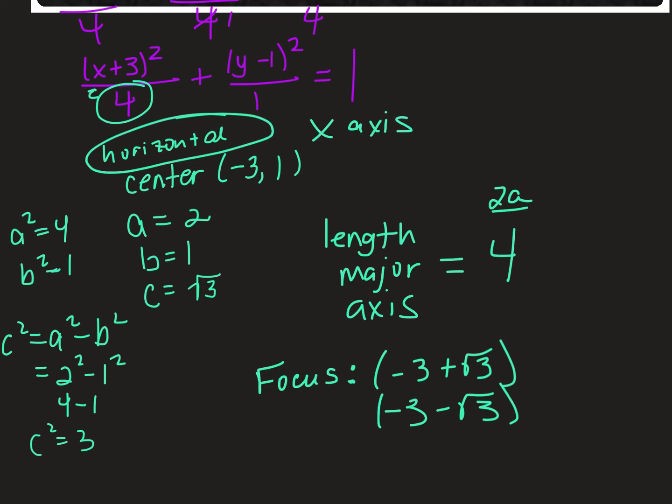So think about that. The center, the foci, it's all along the x-axis. You move left and right. If I know my center and the distance, the c value, I can add and subtract that c value to get to the points on either side of it. If it was a vertical one, you would add and subtract the c value to the what? The y. It's just a matter of keeping everything organized.